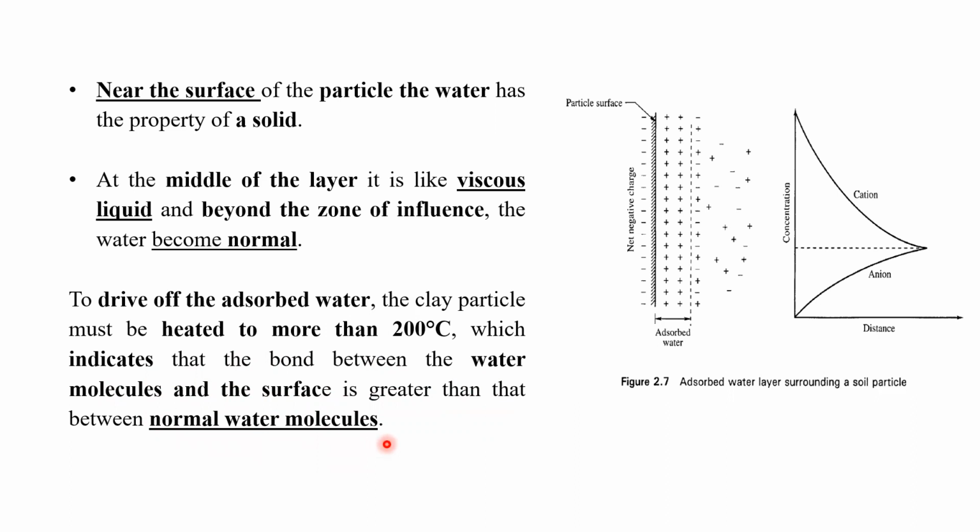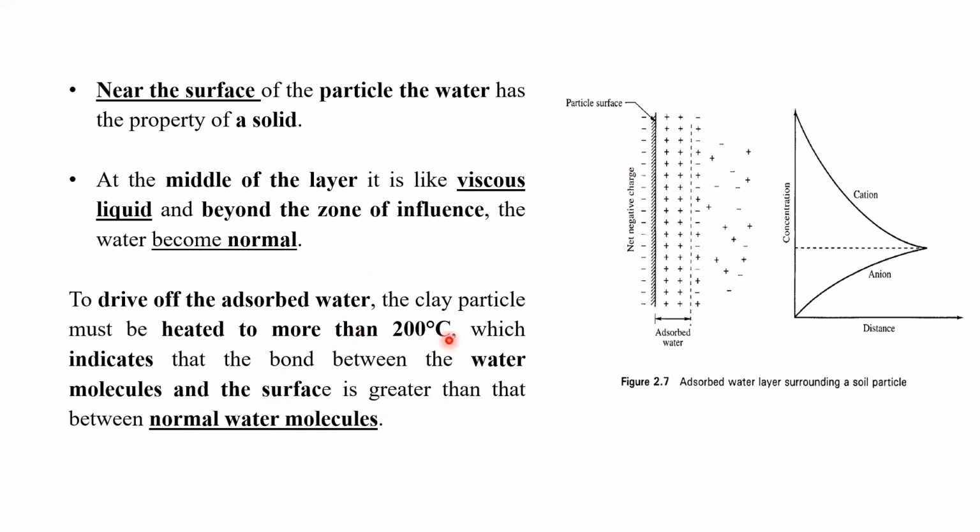The bond between the water molecules and this surface is greater compared to the normal water molecules. So this point is very important. The water nearby the surface of the clay particles cannot be evaporated, right?